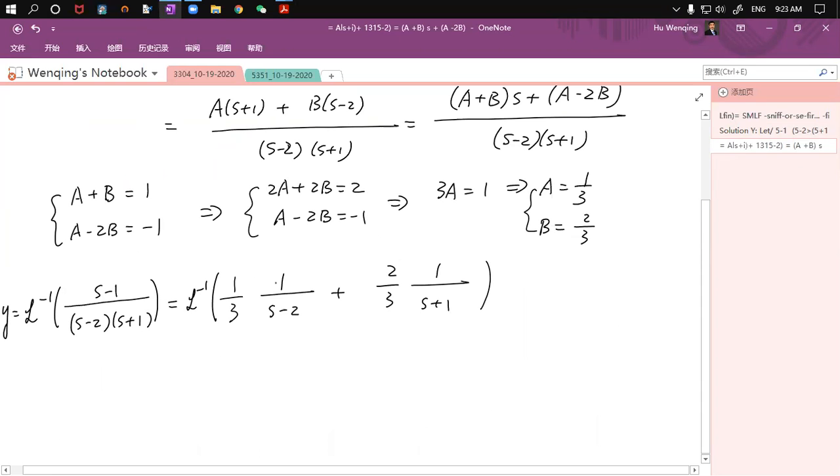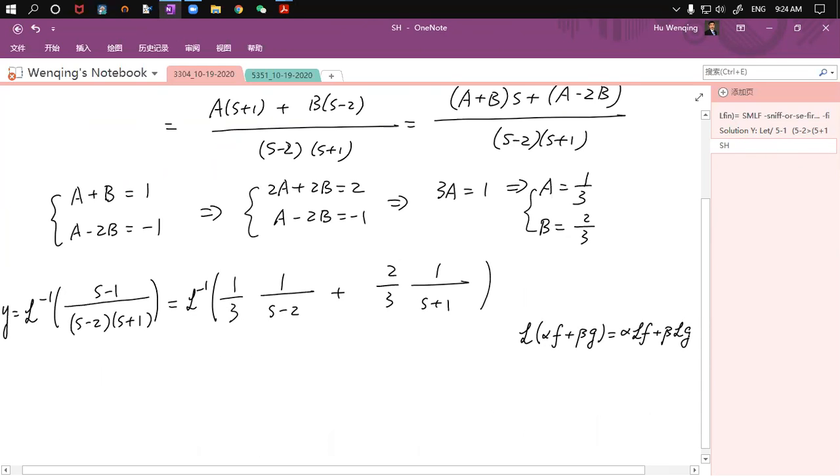Now, why do we want to use this partial fraction decomposition? Well, because it simplifies things. Remember, the Laplace transform has the relation that the Laplace transform of alpha times f plus beta times g is equal to alpha times the Laplace transform of f plus beta times the Laplace transform of g. So the linearity of the Laplace transform is a very important property.